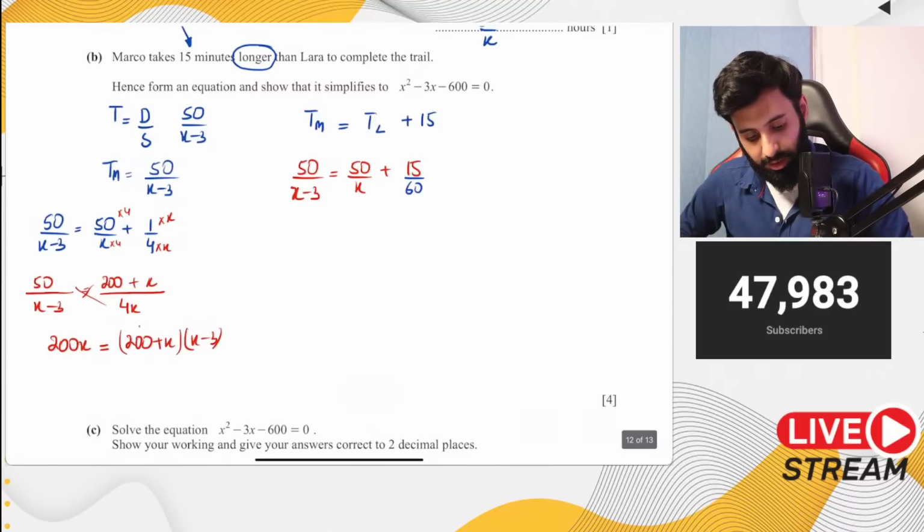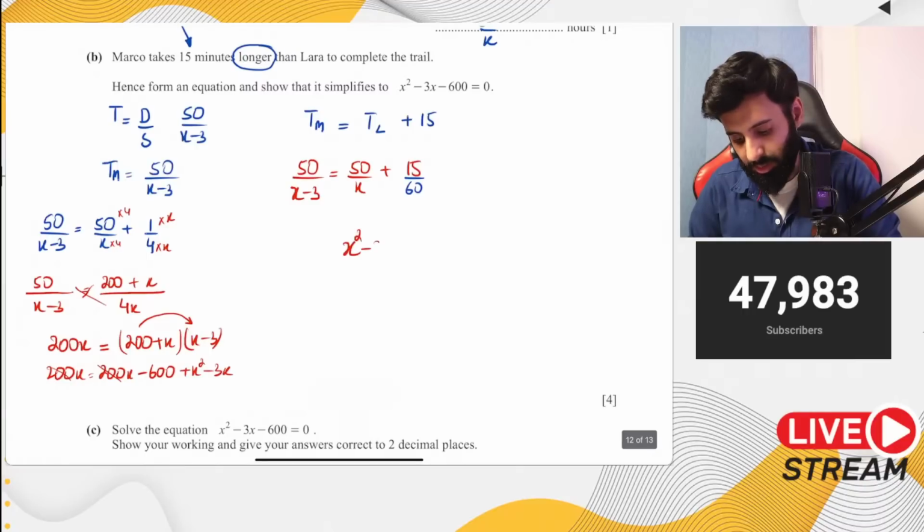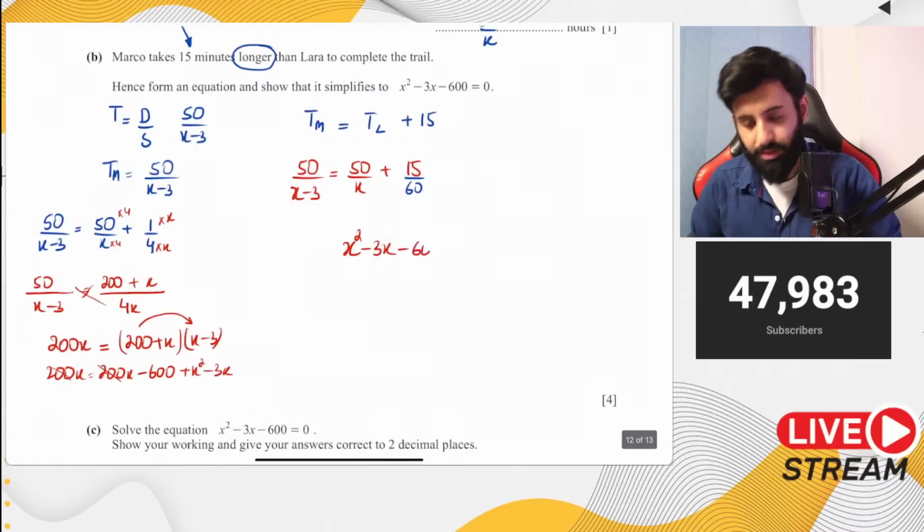So start expanding this. 200x is equal to 200x minus 600 plus x square minus 3x. So 200x and 200x get cancelled out, and that's it. You're done. Just rearrange it and write it as x square minus 3x minus 600 equals 0. There you go.